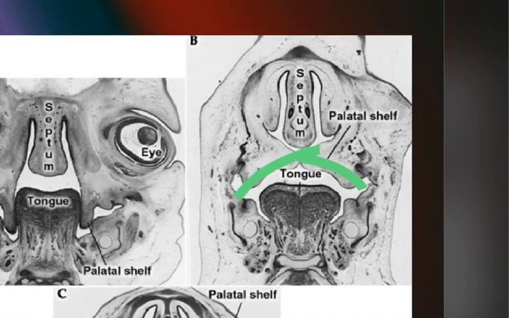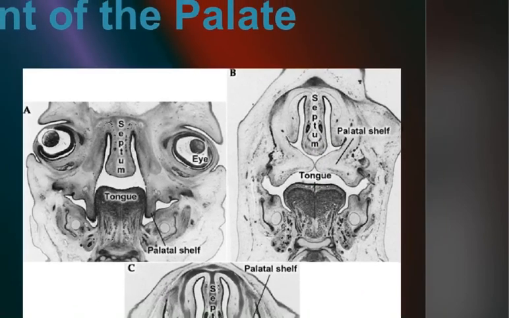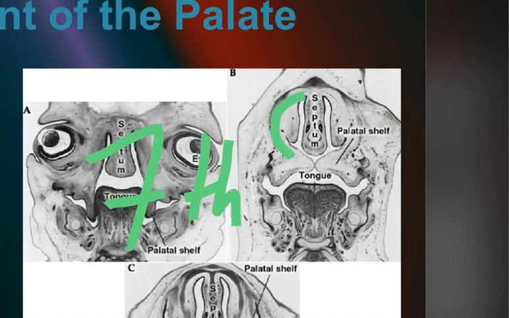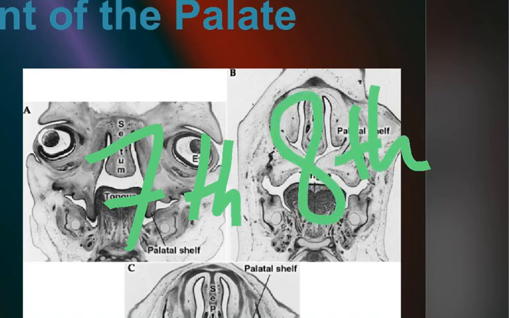Then palatal shelves, horizontal growth, and you see initial contact. It's not full contact yet, just touch. This is by the end of week 8.